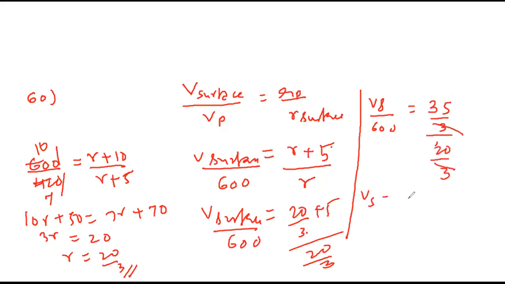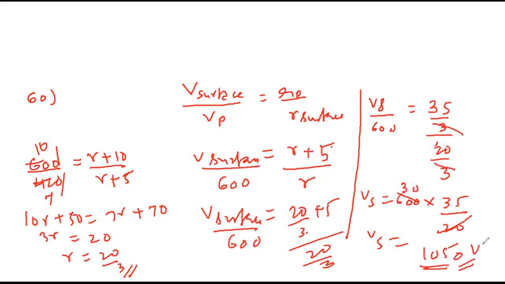So V at surface is 600 into 35 upon 20, which is 1050 volt.